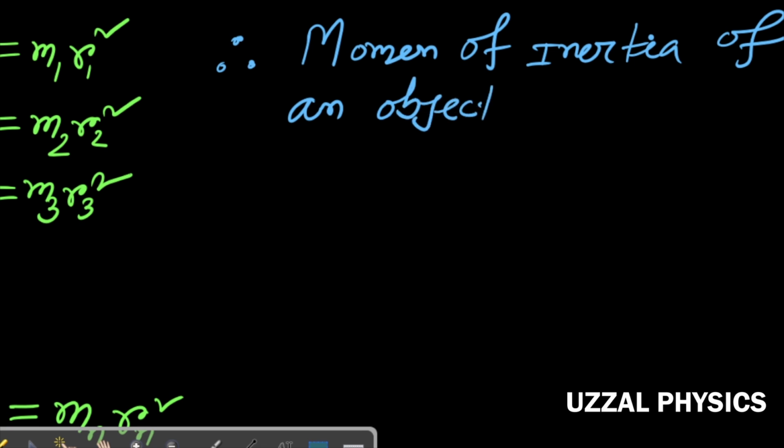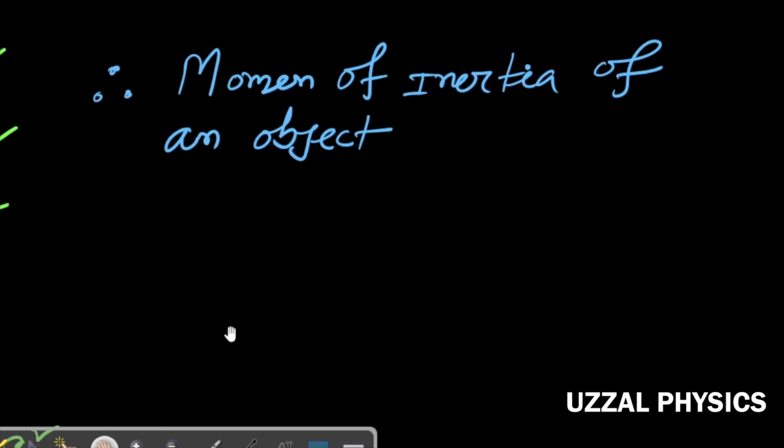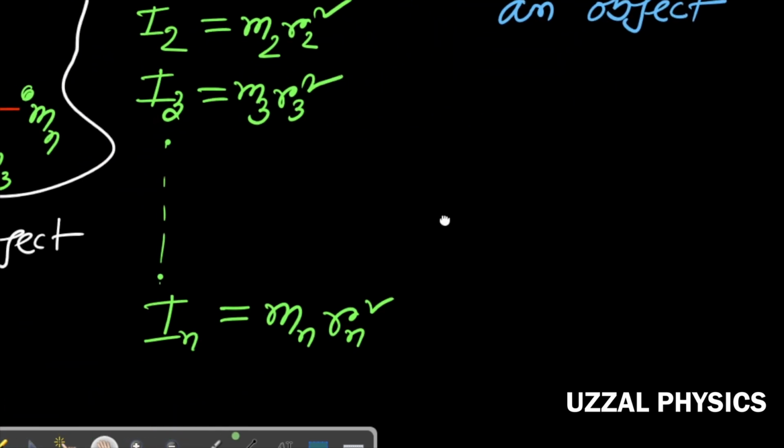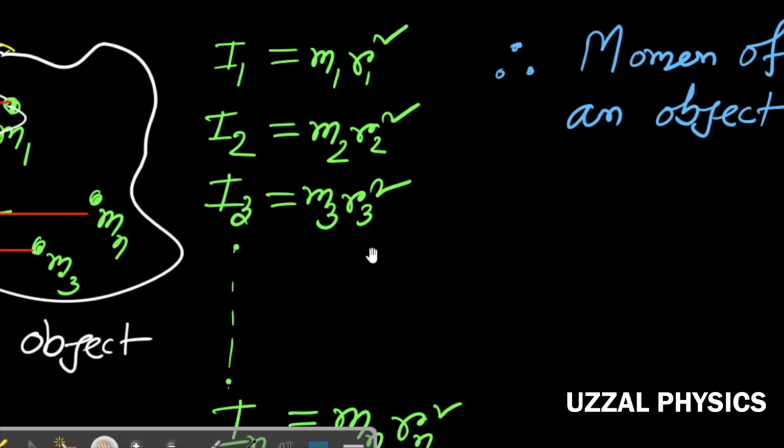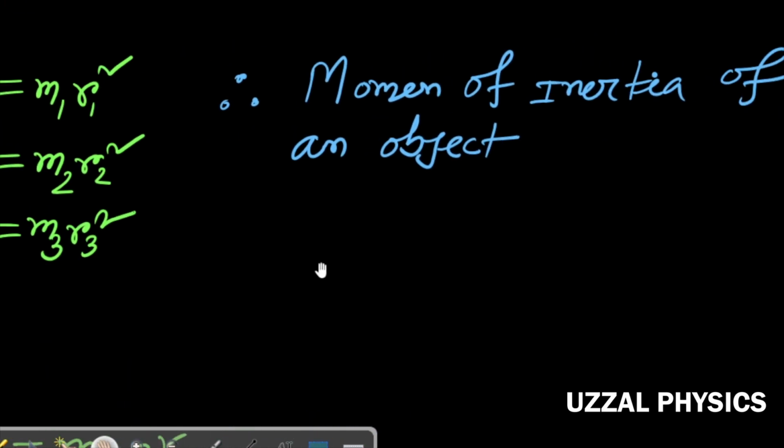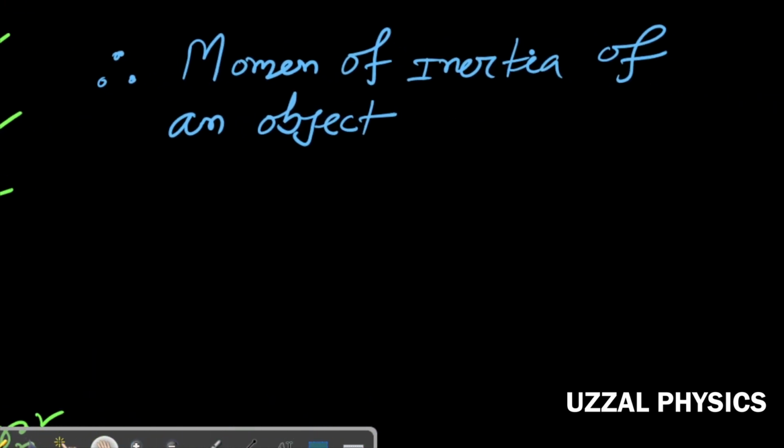This is the special technique to find the moment of inertia of an object with the help of the equation for the moment of inertia of a particle. This is very important.